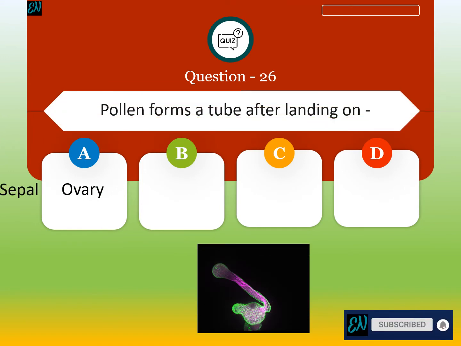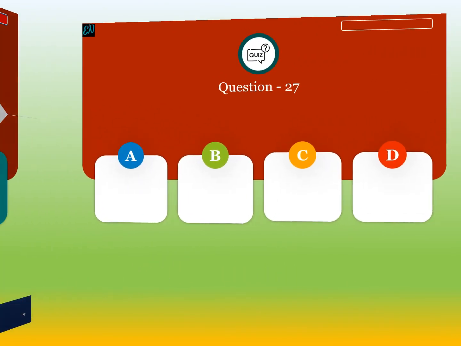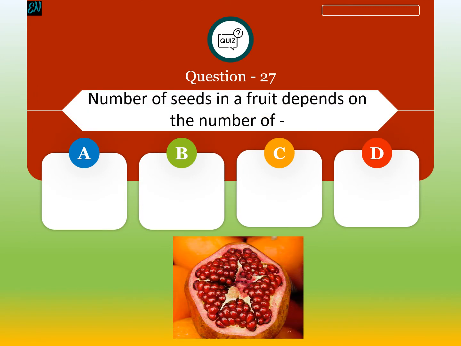Pollen forms a tube after landing on ovary, sepal, style, or stigma. And the correct answer is option D, stigma. Pollen forms a tube after landing on stigma. Question number 27. Number of seeds in a fruit depends on the number of pollens, cells, ovules, or null.